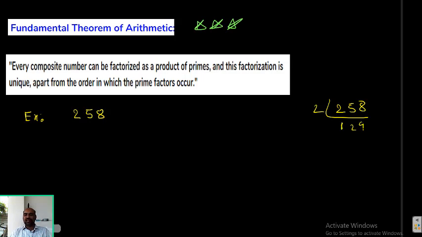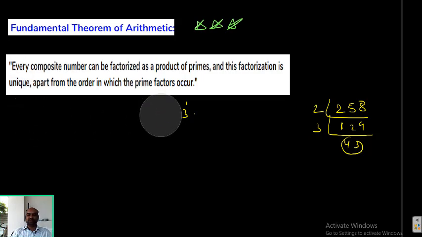So 129 is not a prime number because the sum of digits 9 plus 1 is 10, plus 2 is 12, and 12 is divisible by 3, which means that number is divisible by 3. 3 4s are 12, 3 3s are 9. So 43 is a prime number. That's what I can say. 258 can be written as 2 into 3 into 43 only, meaning 2 power 1 into 3 power 1 into 43 power 1. Okay, this is the fundamental theorem of arithmetic.